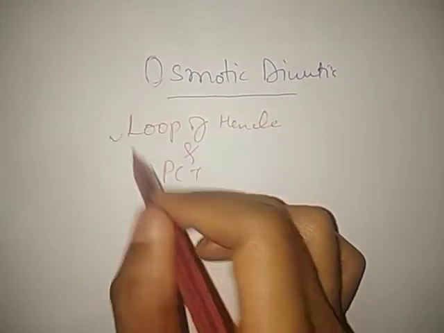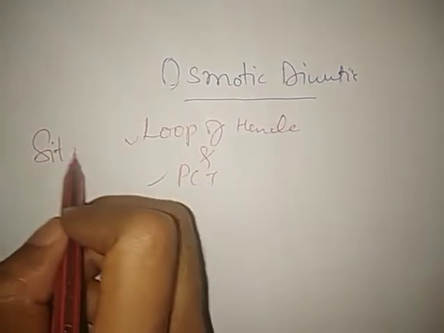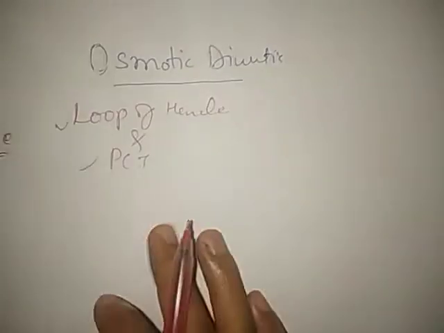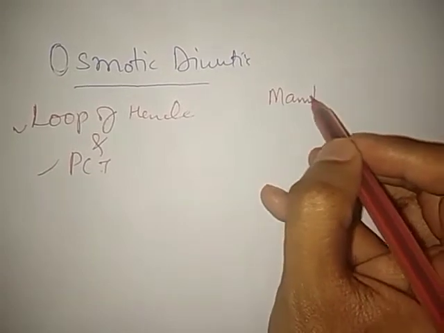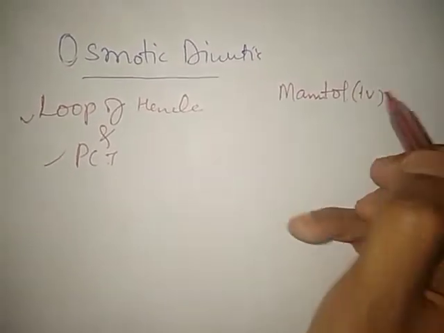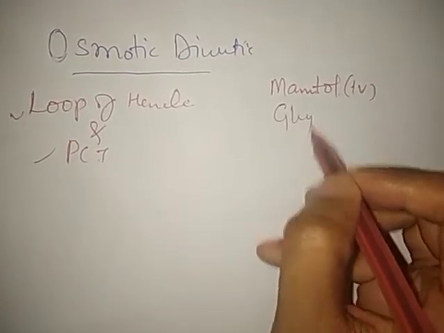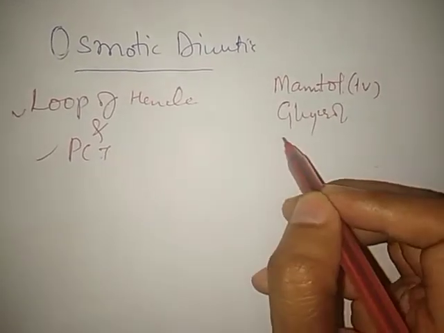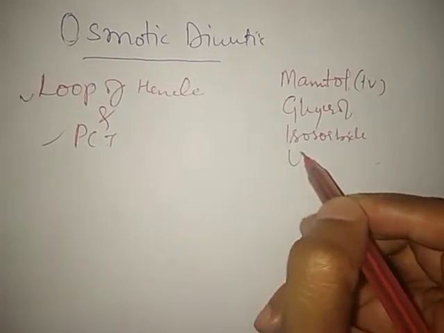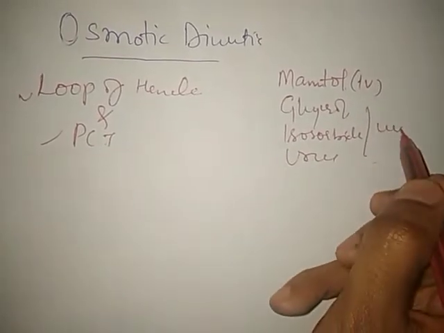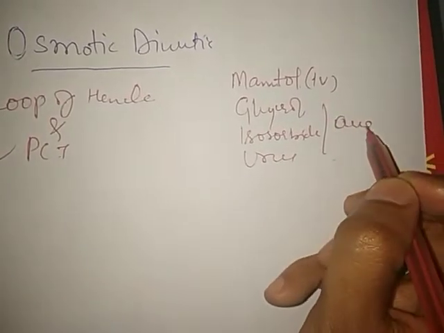This is the site of action for osmotic diuretics. The drugs in this group, we have mannitol, which is given IV. We have glycerol, we have isosorbide, and we have urea. These are given through the oral route.